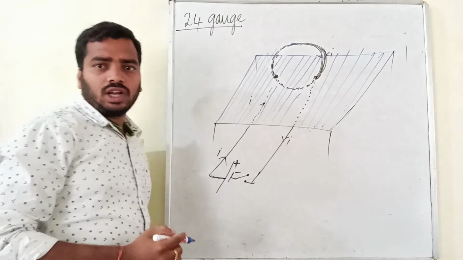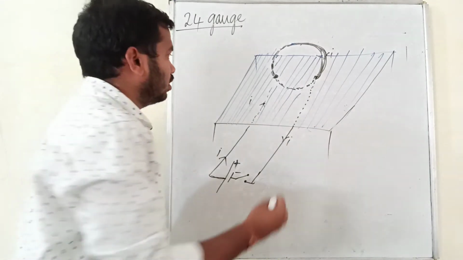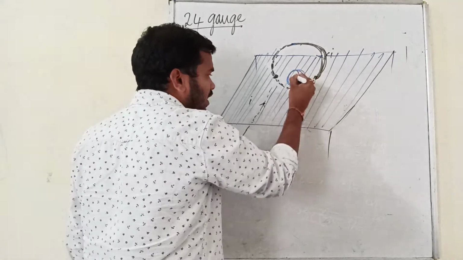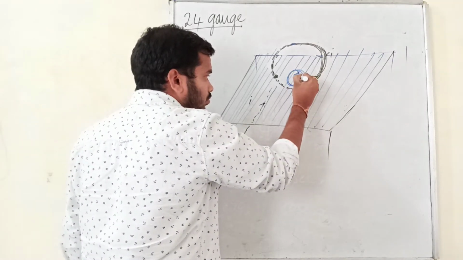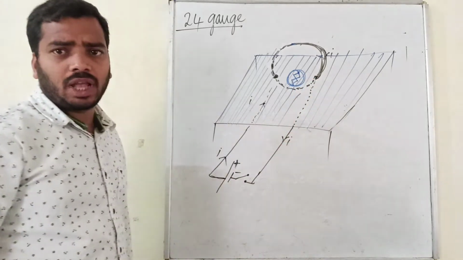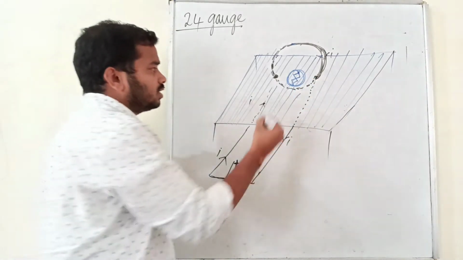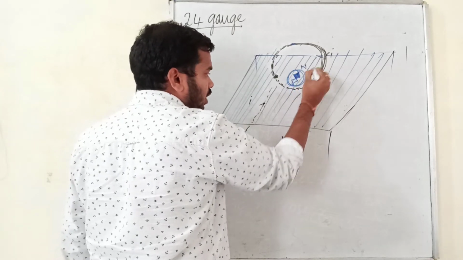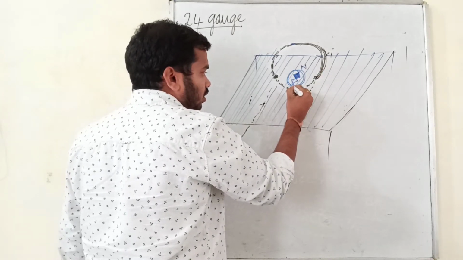So the circular current carrying loop is there like this, and upon this plank you need to place a compass, which will show you the north and south directions of the earth.